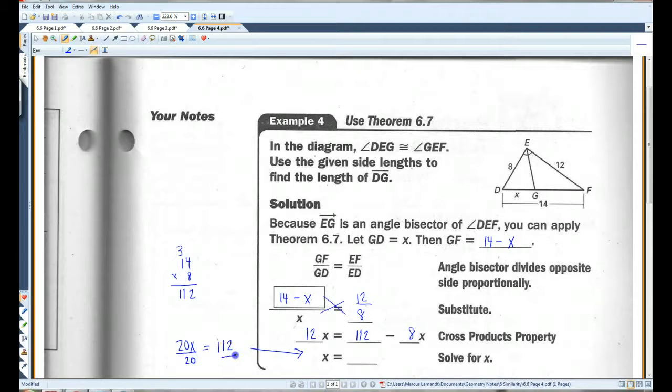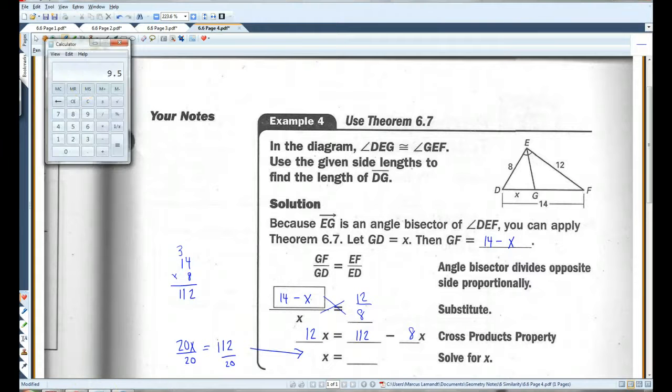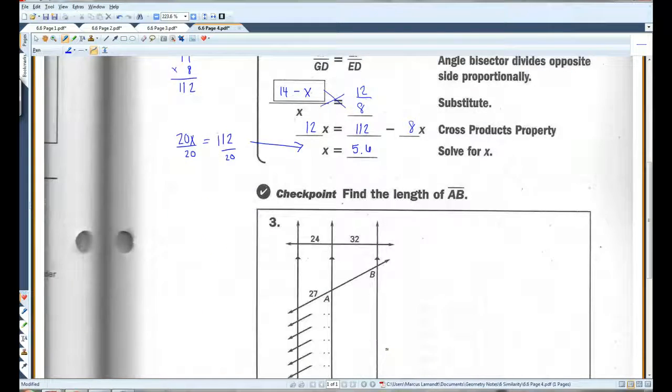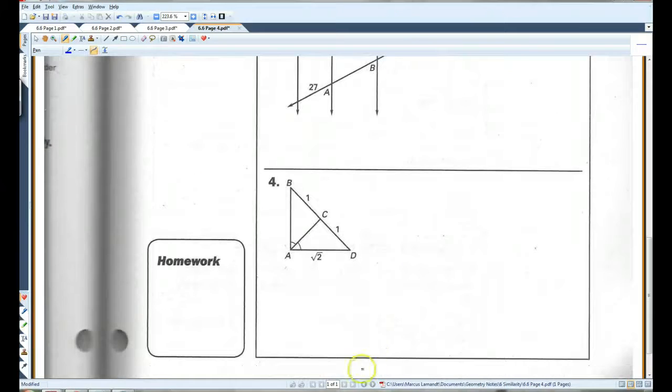If you divide by 20, pull out the calculator, 112 divided by 20, 5.6. Alright, and I'll let you guys do the 2 checkpoints. That's all.